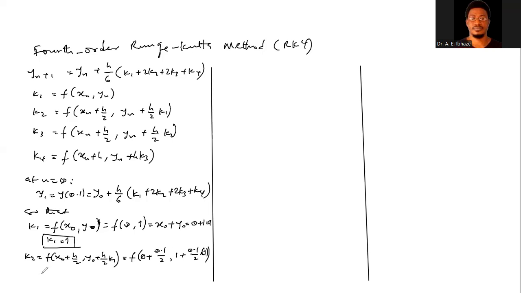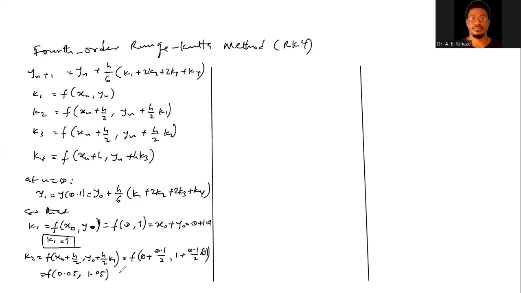Now this will be the same as f of (0.05, 0.05 times 1 plus 1), that will give us 1.05.